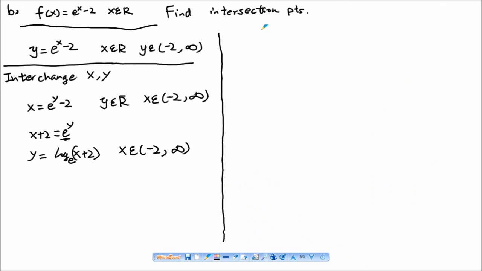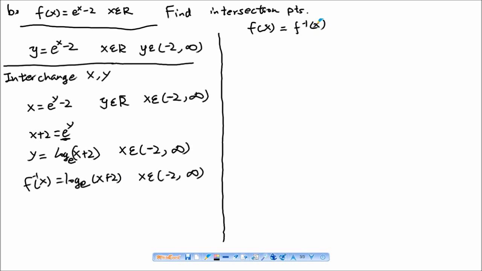So if we do it the first way, I would have the function of x equals the inverse function, and e power of x minus 2 equals log base e of (x plus 2).